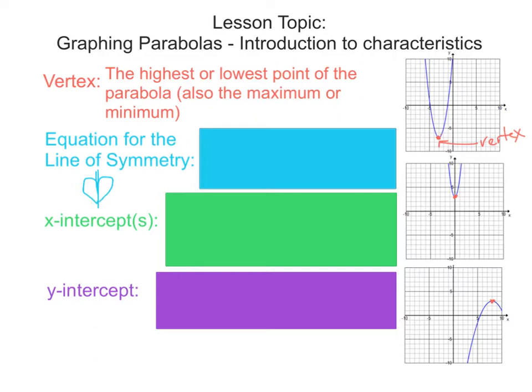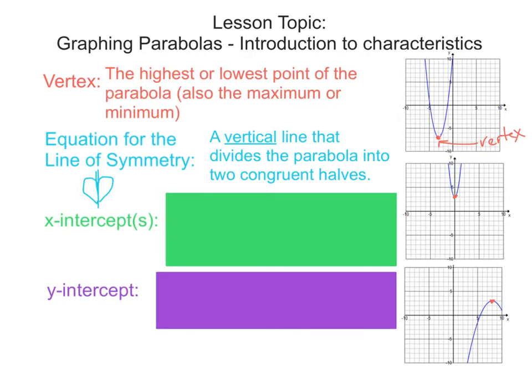So a parabola has symmetry because if I cut it down the middle and through the vertex, both sides of the parabola would be a reflection of each other. So the equation for the line of symmetry is a vertical line that divides the parabola into two congruent halves.